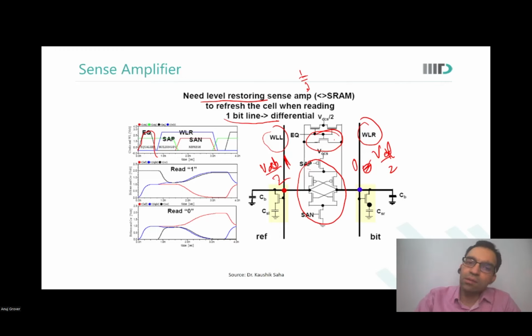Then you would give the word line. Once the word line comes, depending on whether your memory cell had a 0 or a 1, one of the bit lines would rise or fall a little.